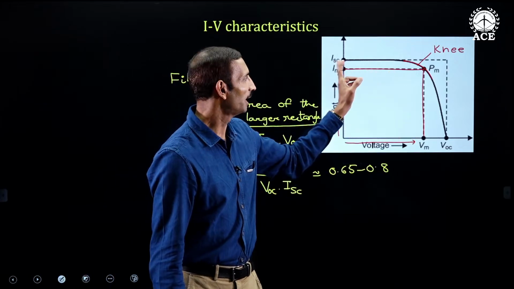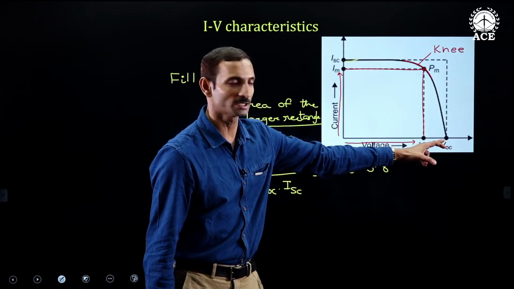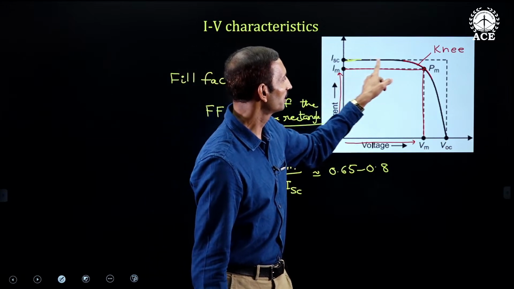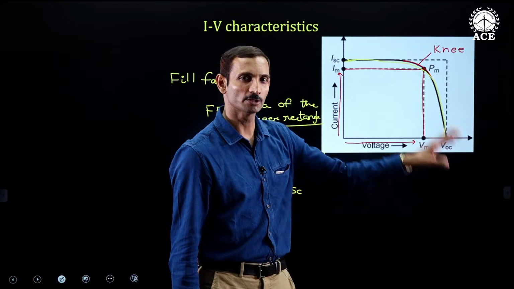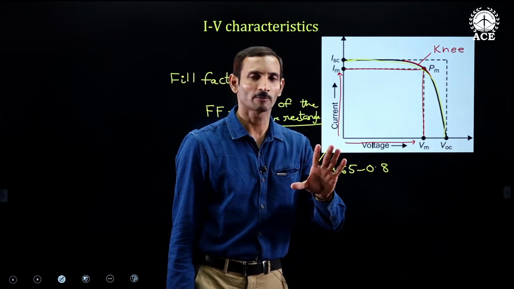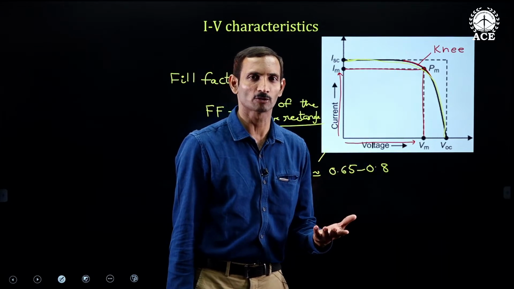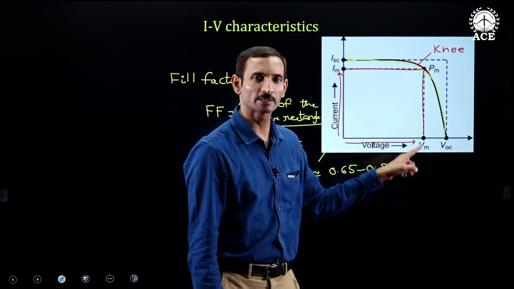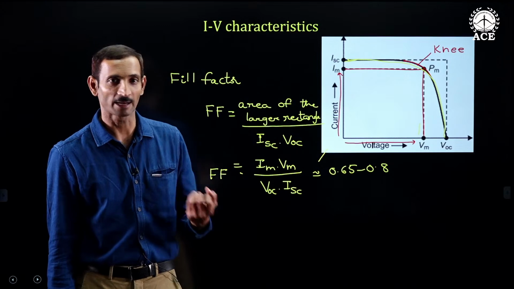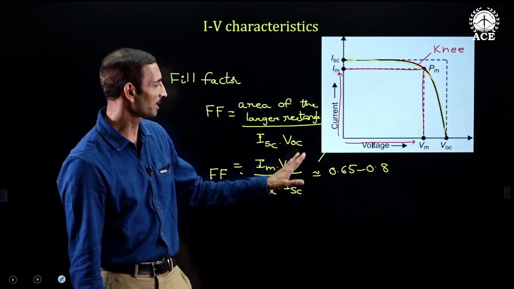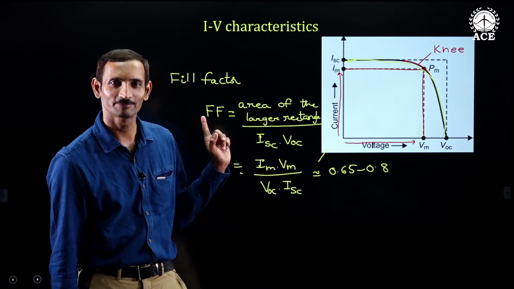The area under this curve gives the total power available with the solar cell, but this rectangle gives the maximum power that we can derive from it. So that ratio is nothing but the fill factor. Clear?